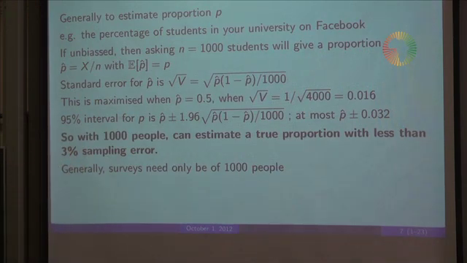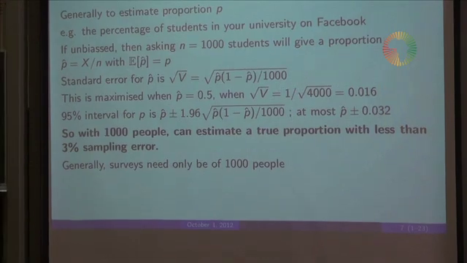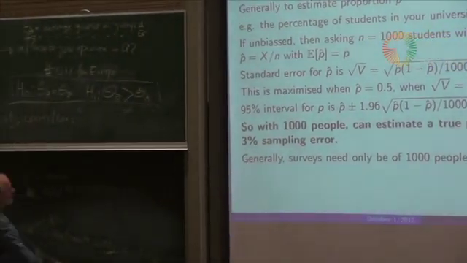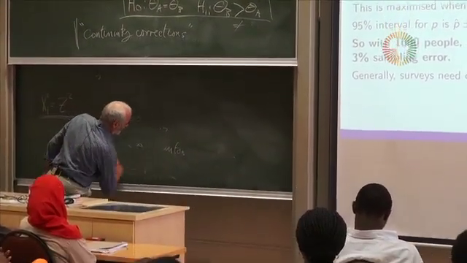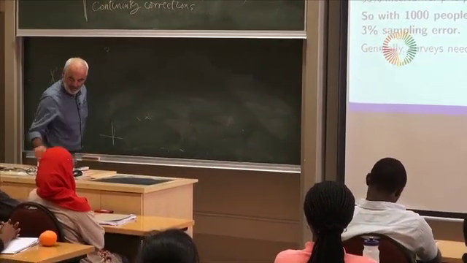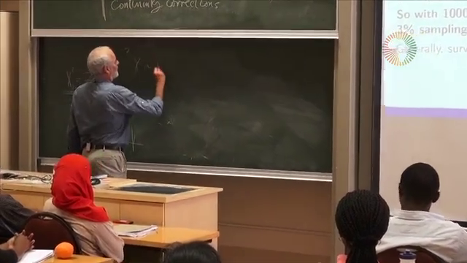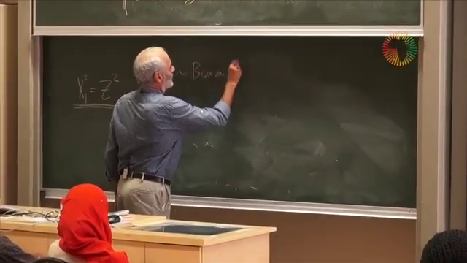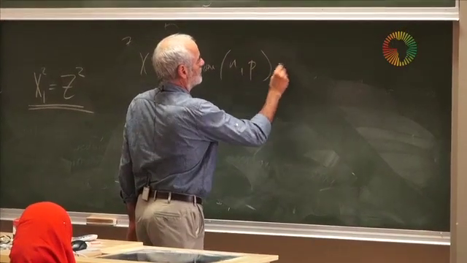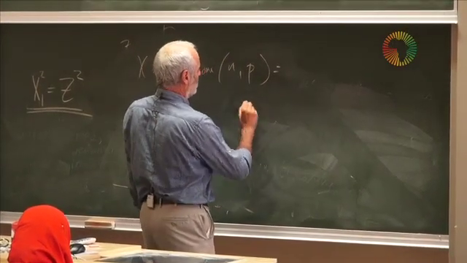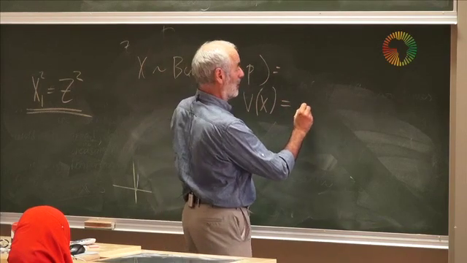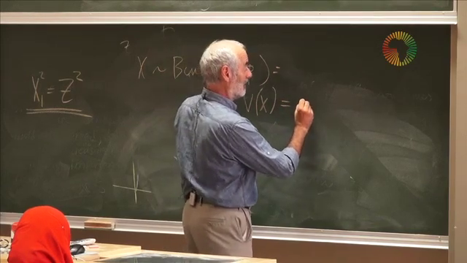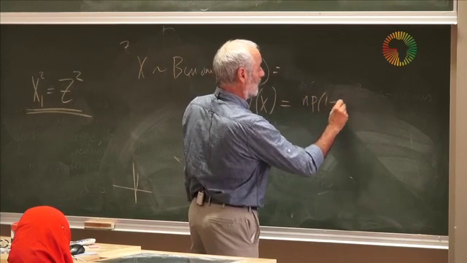Now, this is something I know that people have found confusing, so worth revising always: if I have a binomial, x is binom(n, p), then the variance of x is what? Yeah, np times 1 minus p.